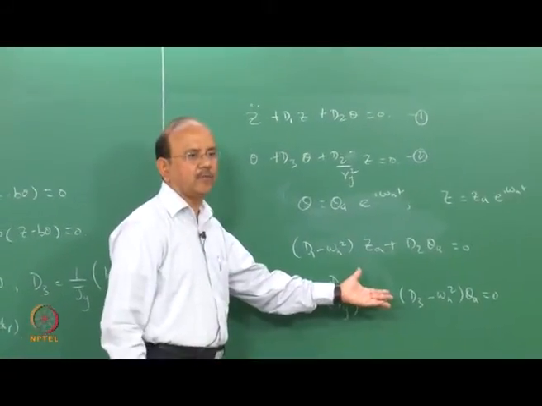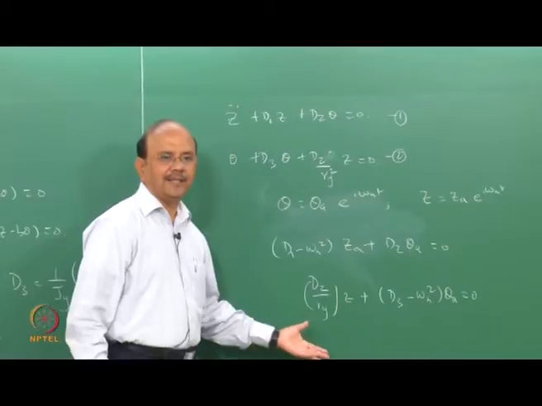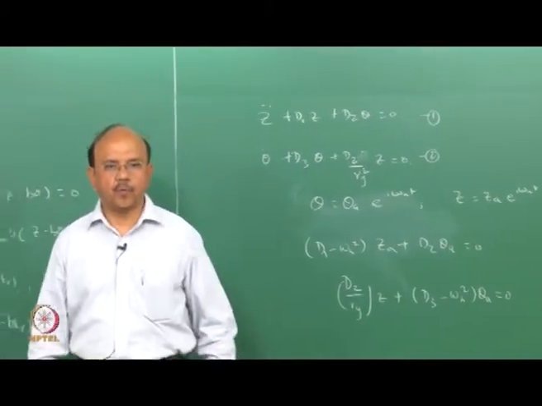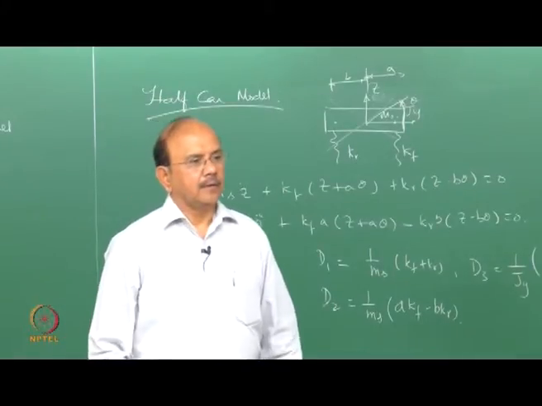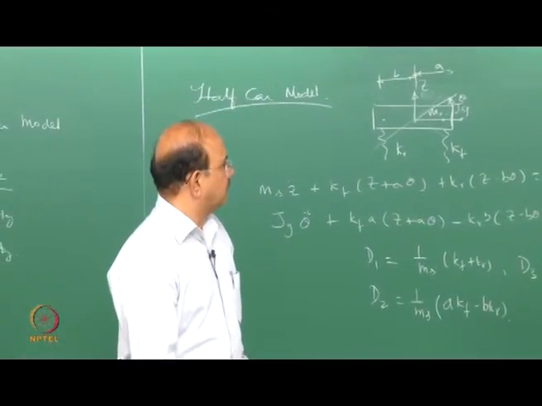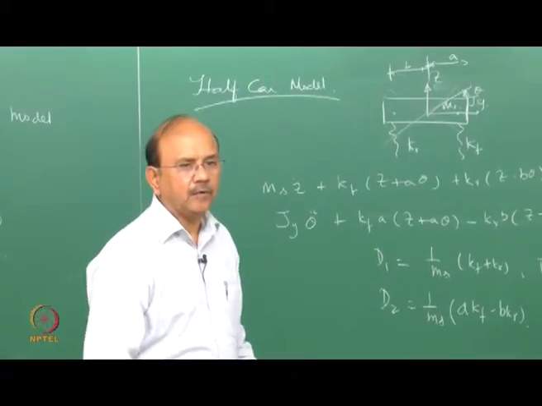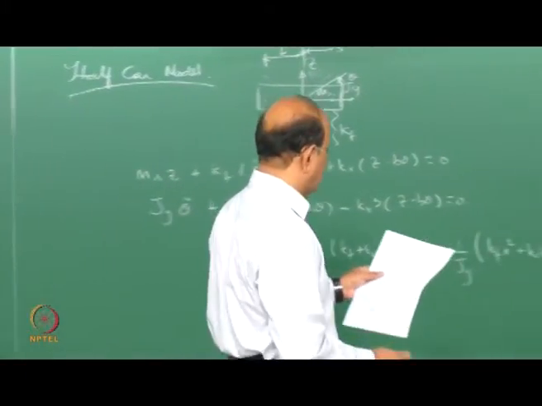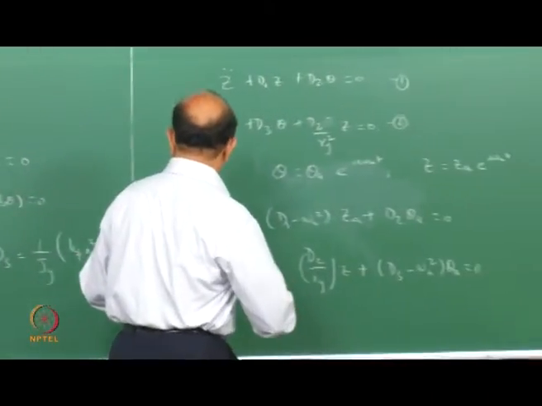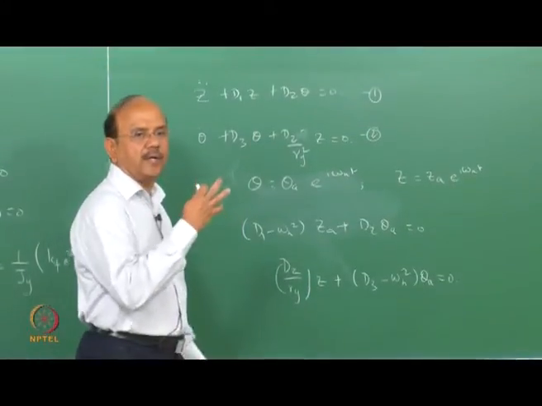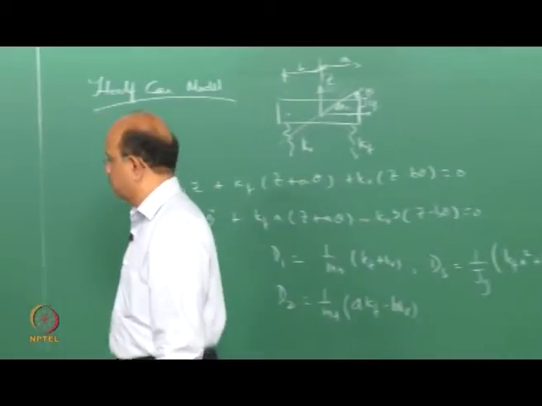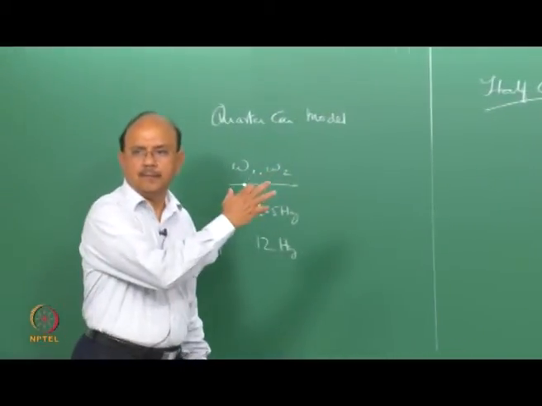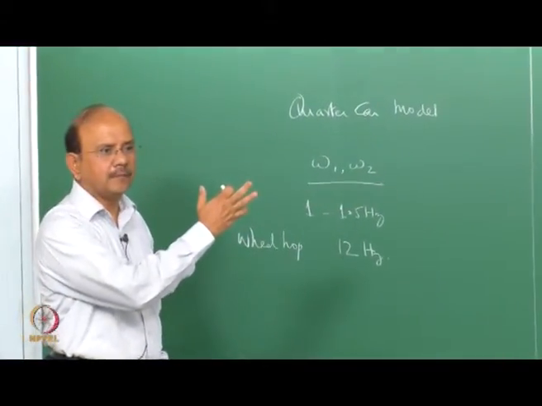Write it down in terms of omega n to the power 4, and then take the two roots for omega 1 squared and omega 2 squared. That's straightforward, and I'm going to write down the final result for these two, which I'll call omega n1 squared and omega n2 squared, the two natural frequencies. Any questions?